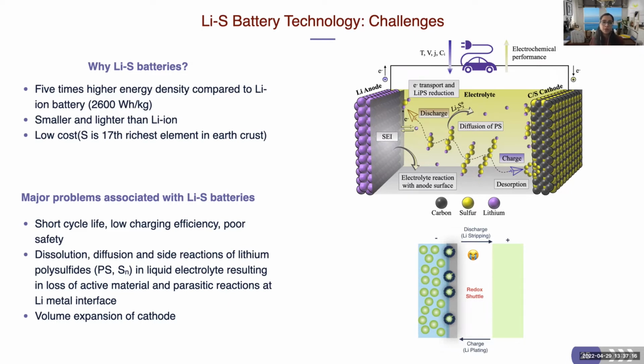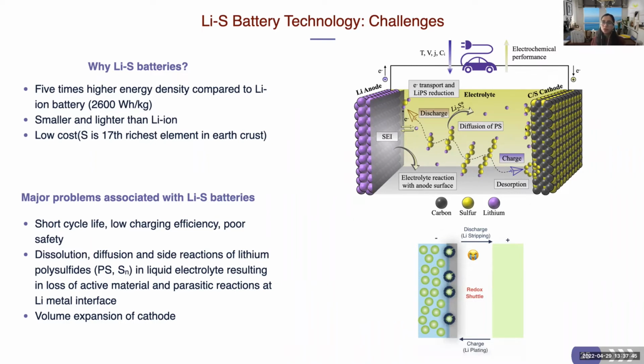And they're not new. There is more than 4 decades of research going on in this area. And these batteries still suffer from short cycle life, so how many times we can charge and discharge the battery, and poor safety and charging efficiency. The major problem in these batteries is something called the redox shuttle phenomenon. When we start using the battery, lithium ions start migrating from the anode side toward the cathode side.